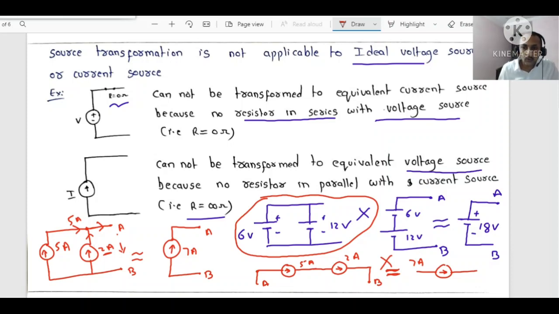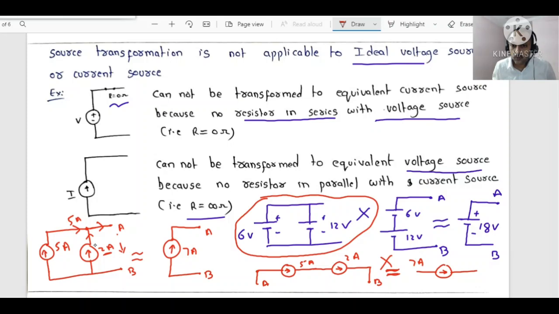So dear students, these two basics are very, very important. If voltage sources are in parallel, the voltage must be the same. If current sources are in series, the current value must be the same. Two voltage sources of different values in parallel is not possible.